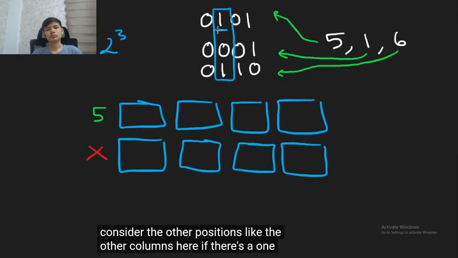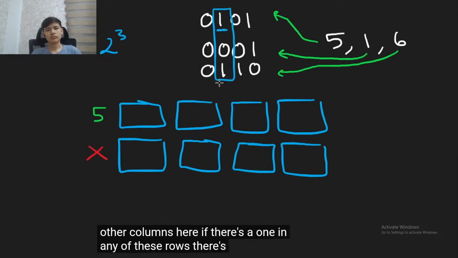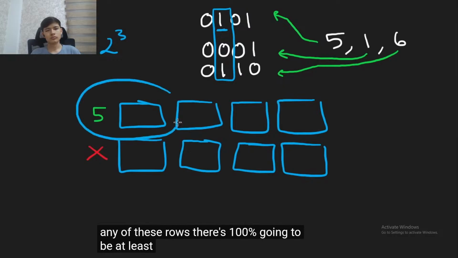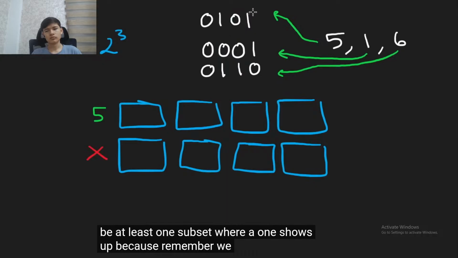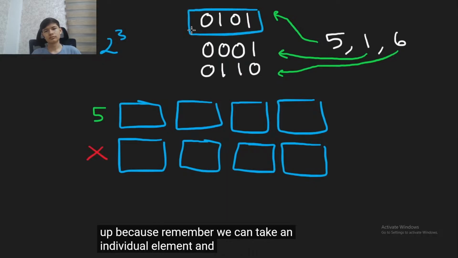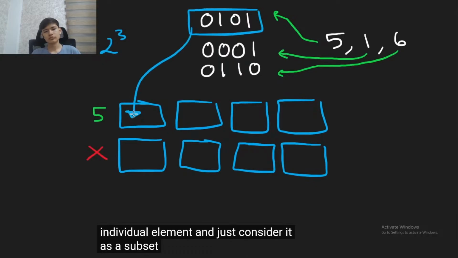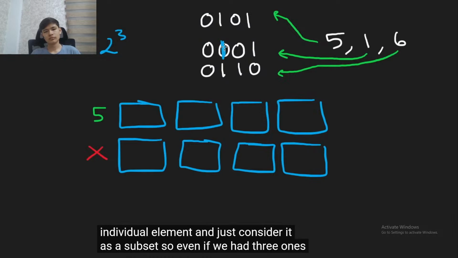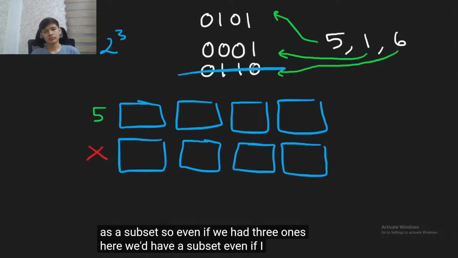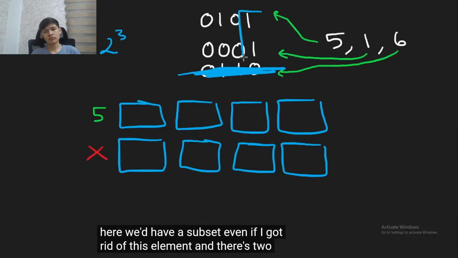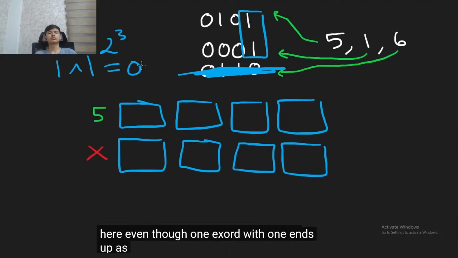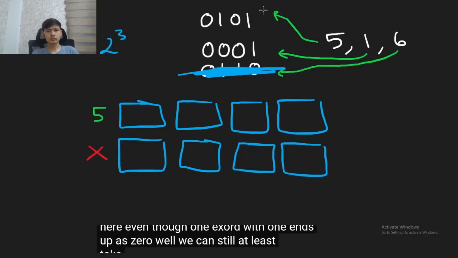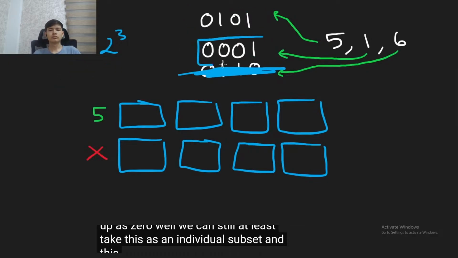If there's a 1 in any of these rows, there's 100% going to be at least one subset where a 1 shows up. Because remember, we can take an individual element and just consider it as a subset. So even if we had 3 1s here, we'd have a subset. Even if I got rid of this element and there's 2 1s here, even though 1 XORed with 1 ends up as 0, we can still at least take this as an individual subset and this as an individual subset.